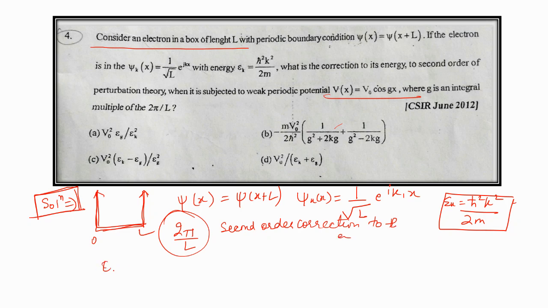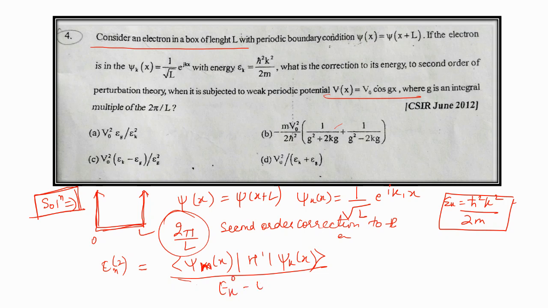So you can apply En second order, psi n, psi kx, and take n. Then H psi kx upon Ek0 minus Em0.